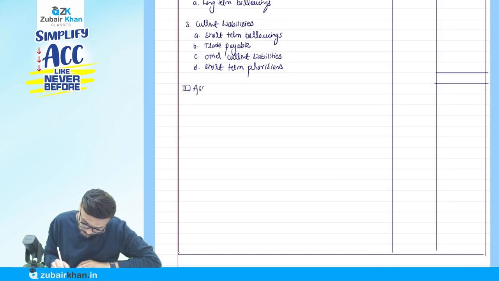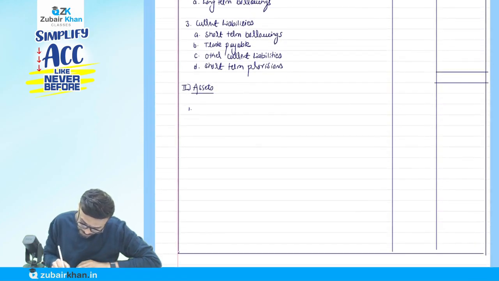Then assets. Write down assets on the asset side here. Non-current assets. Just write A, B, and C only.